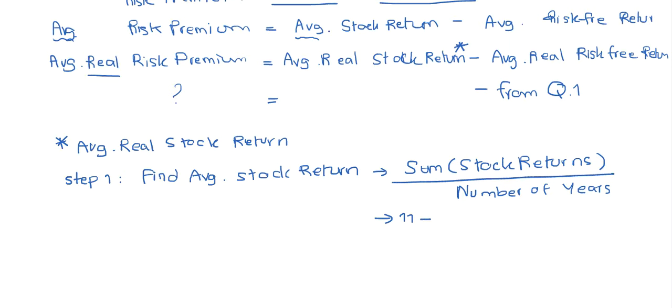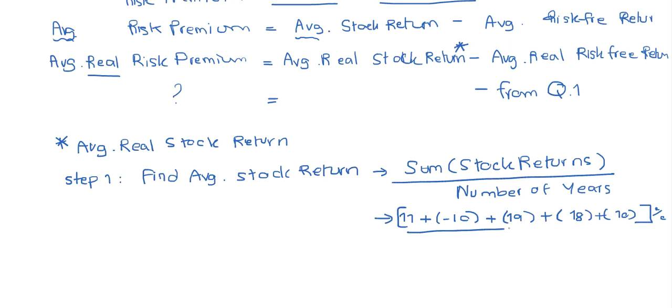Okay, so this one, if you add the information that they provide you about the individual year return of this stock, I will have for the question this: 19 plus 18 plus 10, and these are all in percent, right?